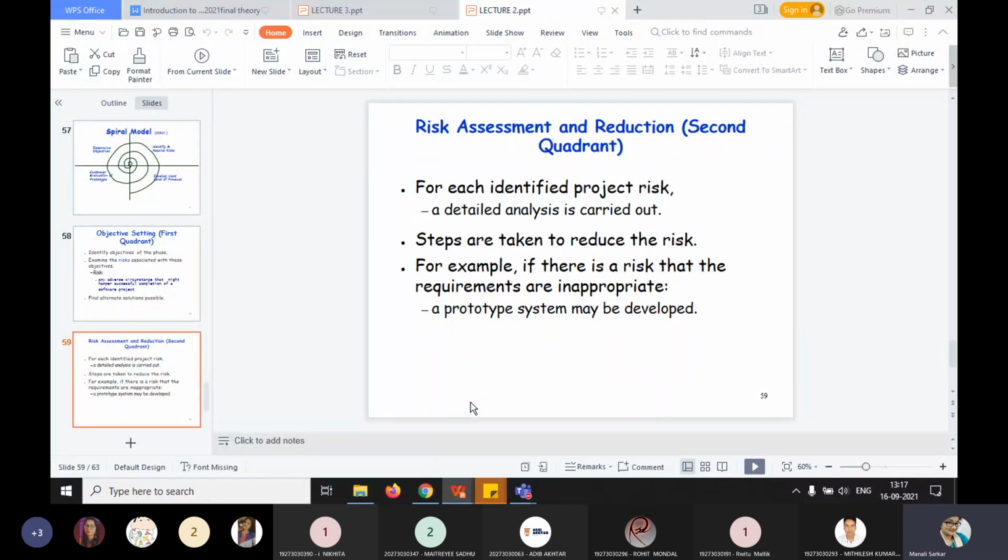In the second quadrant, it is given: identify and resolve risk. We know that each phase in this model is split into four sectors. In the first quadrant, we have seen that some features of the product are identified based on the severity of the risk and how crucial it is to the overall product development.